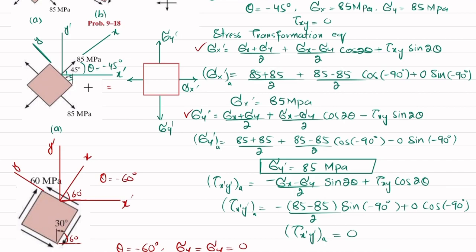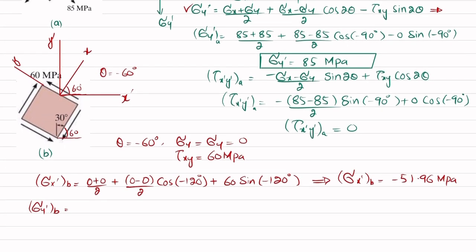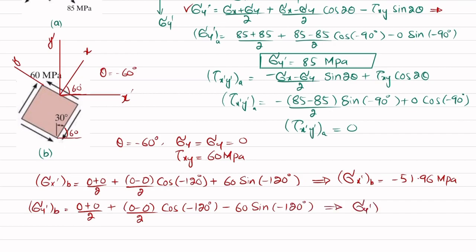Similarly, you can find sigma y dash for case B. You will use this formula. Note down this formula. Clear? So 0 plus 0 divided by 2 plus 0 minus 0 divided by 2 into cos of minus 120 degree, minus 60 into sine of minus 120 degree. When you calculate it, you will get sigma y dash for case B comes out to be plus 51.96 megapascal.